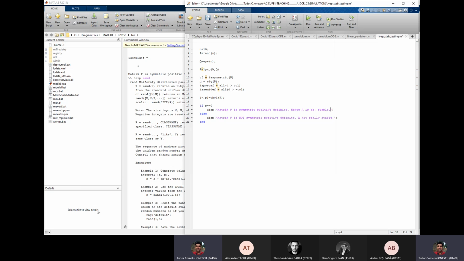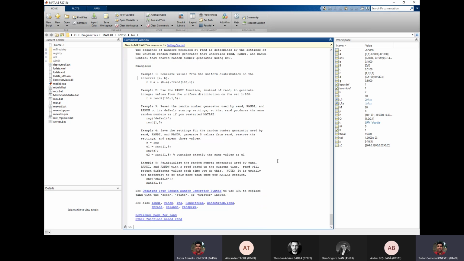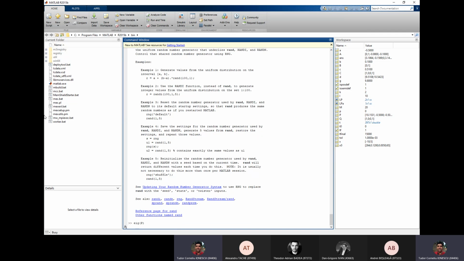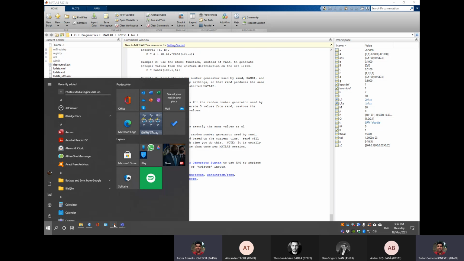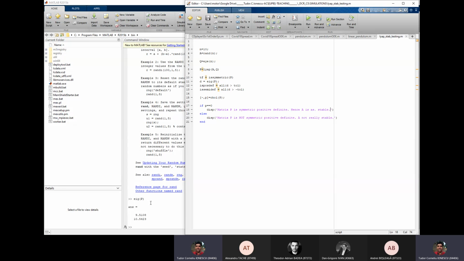First of all, let's indeed verify using the eigenvalues of P for the pendulum. Indeed, you see, the eigenvalues are positive. Okay. Now let's go back to the random matrix and run the code.